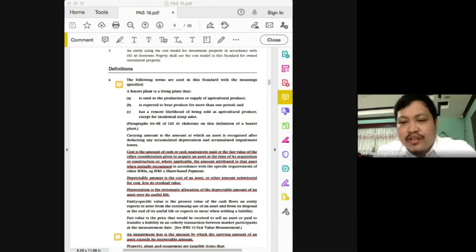If your concern is on the plant's ability to produce agricultural produce, then that would be a bearer plant. If your concern is on the growth of that particular plant, then that would be considered as a biological asset. Okay, let me just give you an example. We have coconut trees.